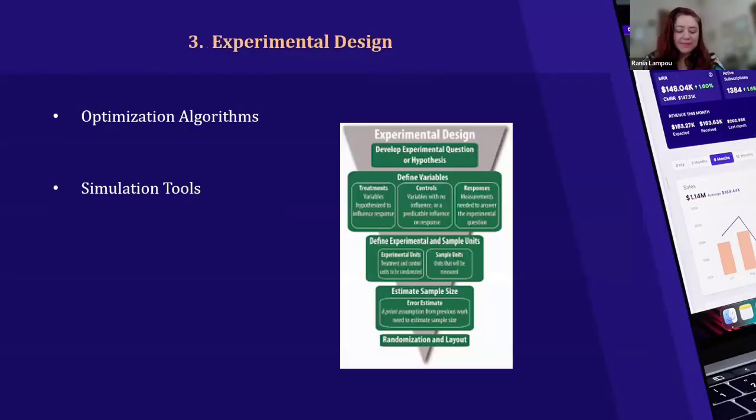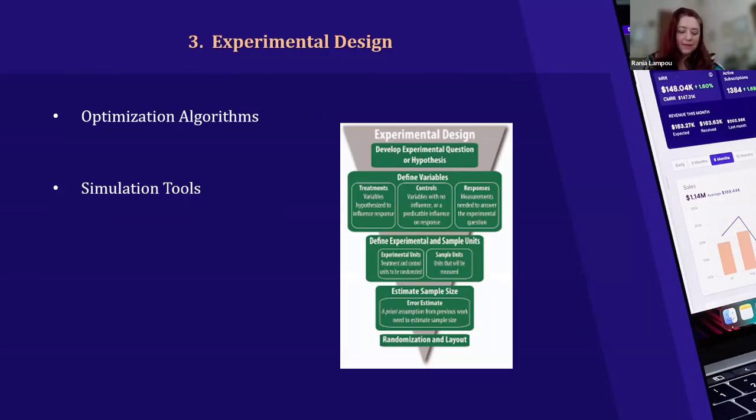For experimental design, AI can help design experiments using methods like Bayesian optimization to choose efficient sample sizes or variable combinations. AI-based simulation tools can test different experimental designs or help validate assumptions before collecting real data.